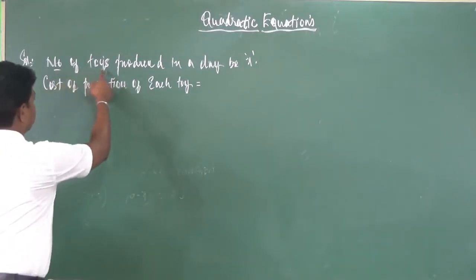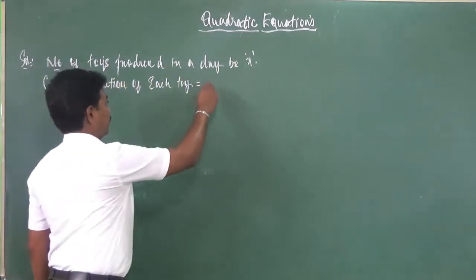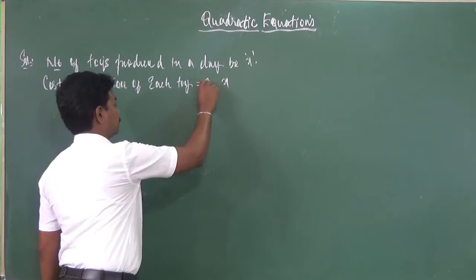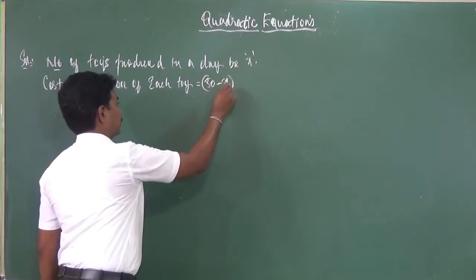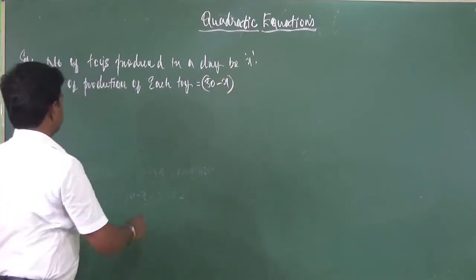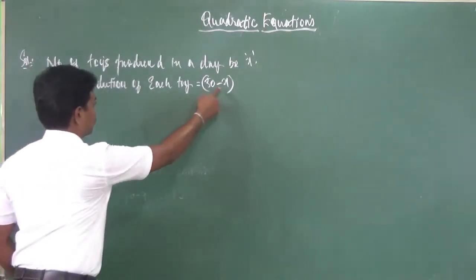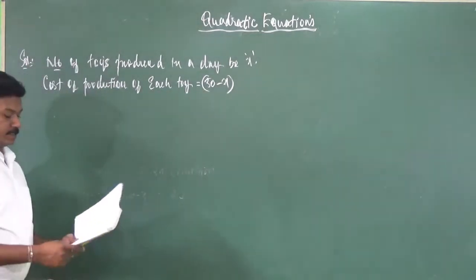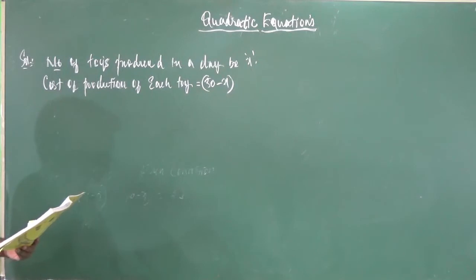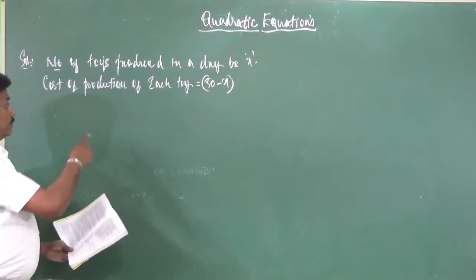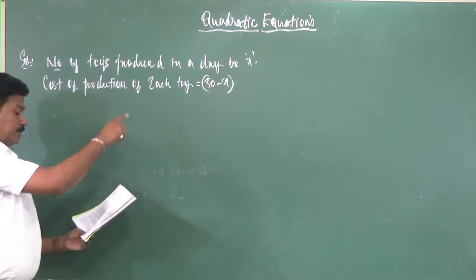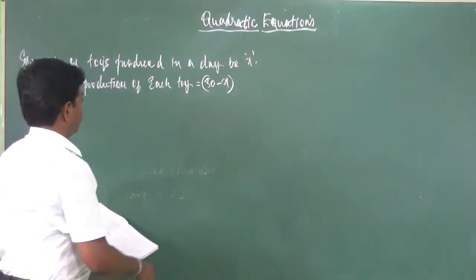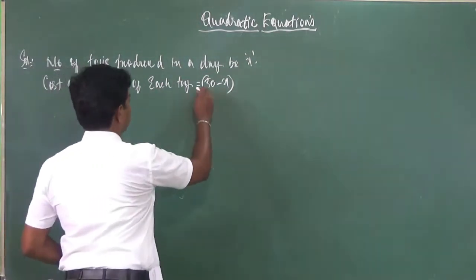Here the number of toys produced in a day be x, we have done. So that is cost of production of each toy is 55 minus x, for one day.